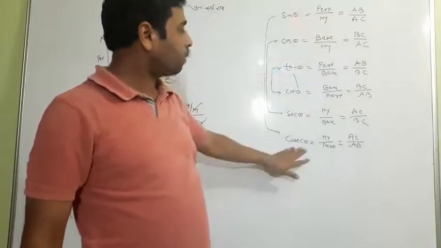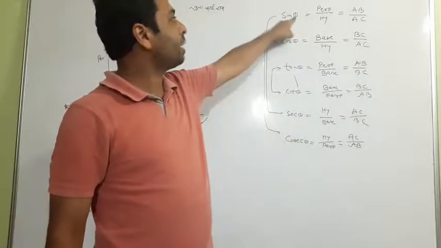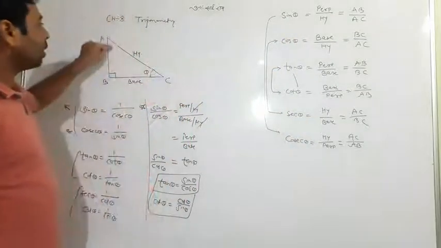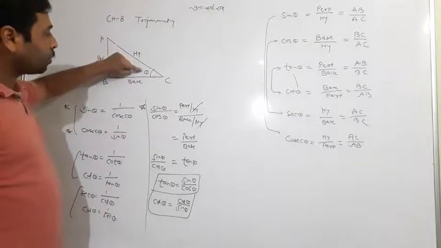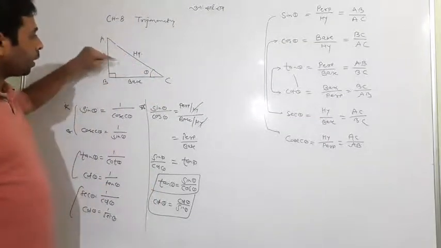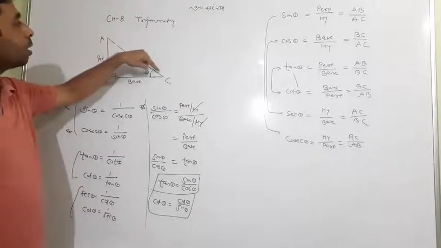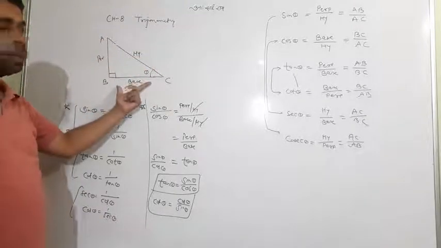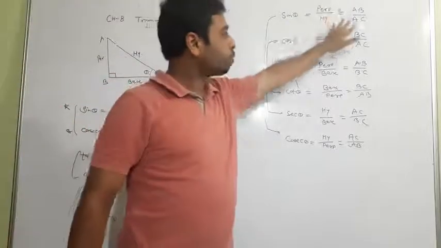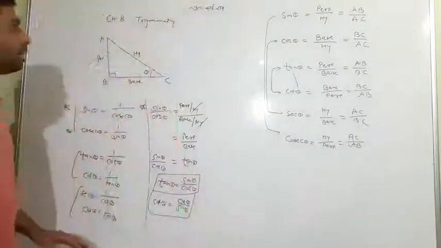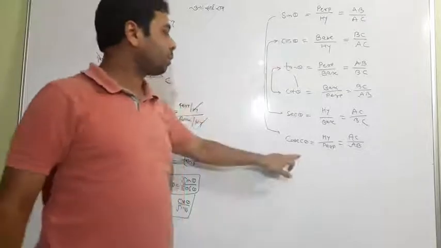These are the 6 trigonometric ratios, sine to cosec, which apply on an acute angle theta. We have 2 acute angles. Initially I am taking this acute angle. So in front of the acute angle is the perpendicular, the slant is the hypotenuse and the rest is the base. According to these we have explained 6 ratios, and then I told that sine and cosec are reciprocal to each other.